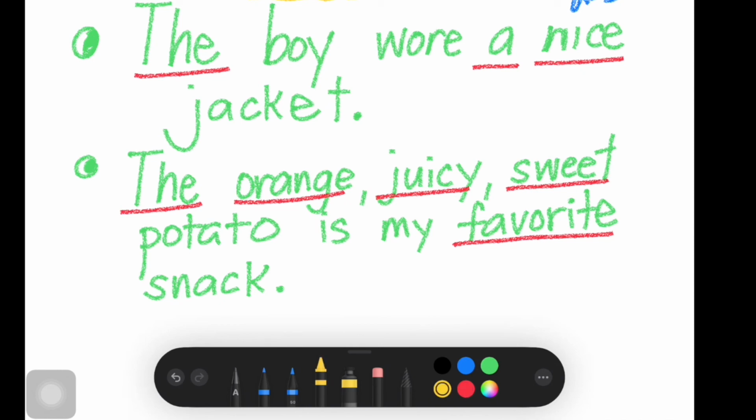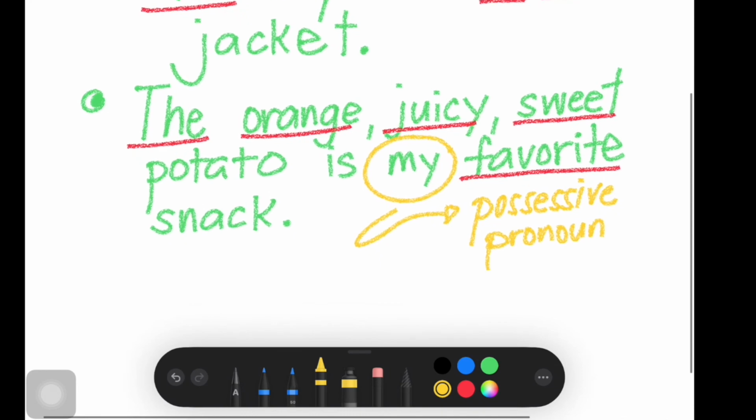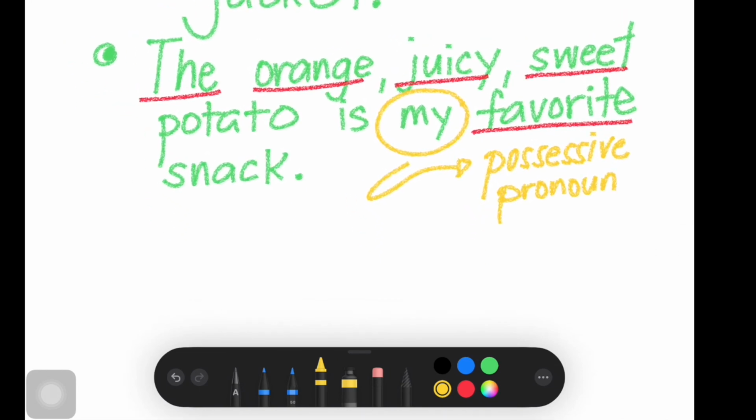But we also have one more adjective here. This is what we call the possessive pronoun. Okay? Because it tells you whose. Alright? Now earlier I discussed a little bit about possessive nouns, and I promised that I'm gonna make a separate video discussion when we discuss more on possessive nouns and pronouns.